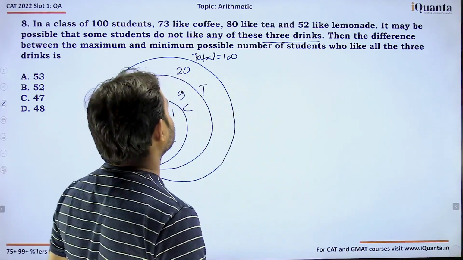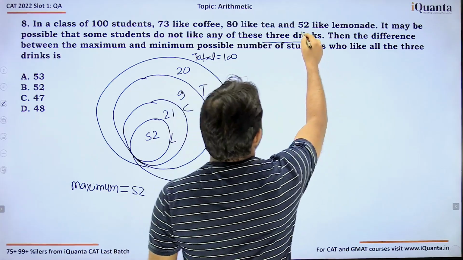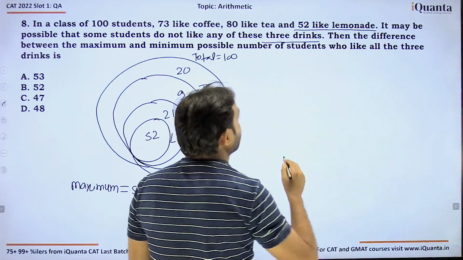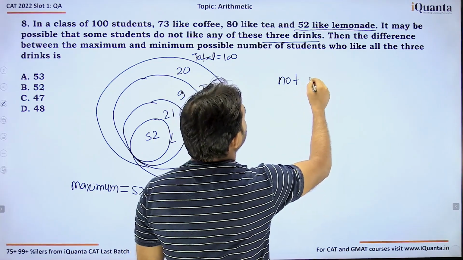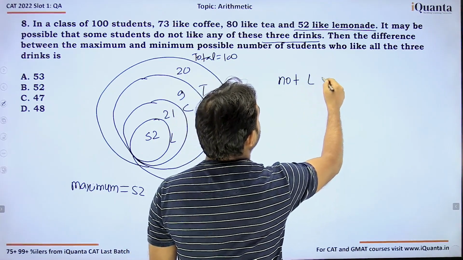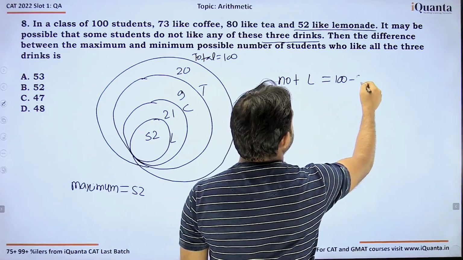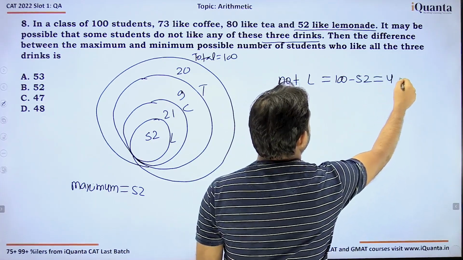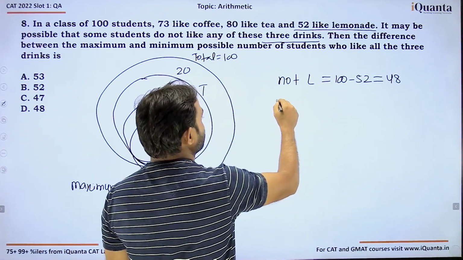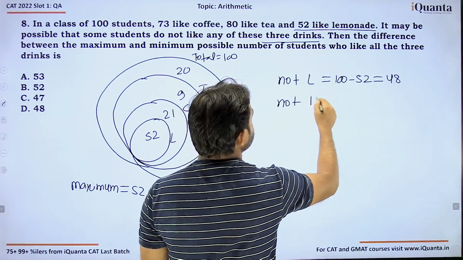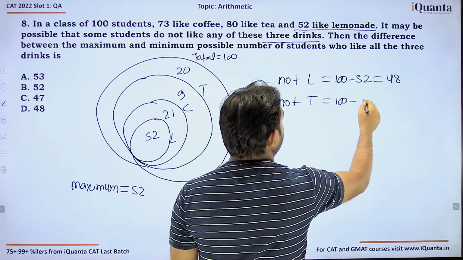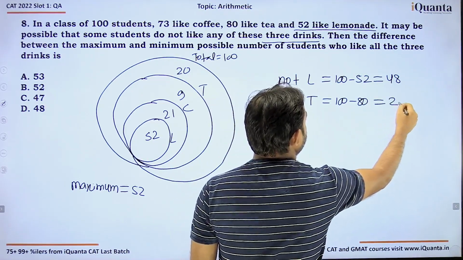So in that case, if you think about this, the number of students who like lemonade is 52. We can say the number of students who do not like lemonade will be equal to 100 minus 52, which is equal to 48. And the number of students who do not like tea will be equal to 100 minus 80, which is equal to 20.